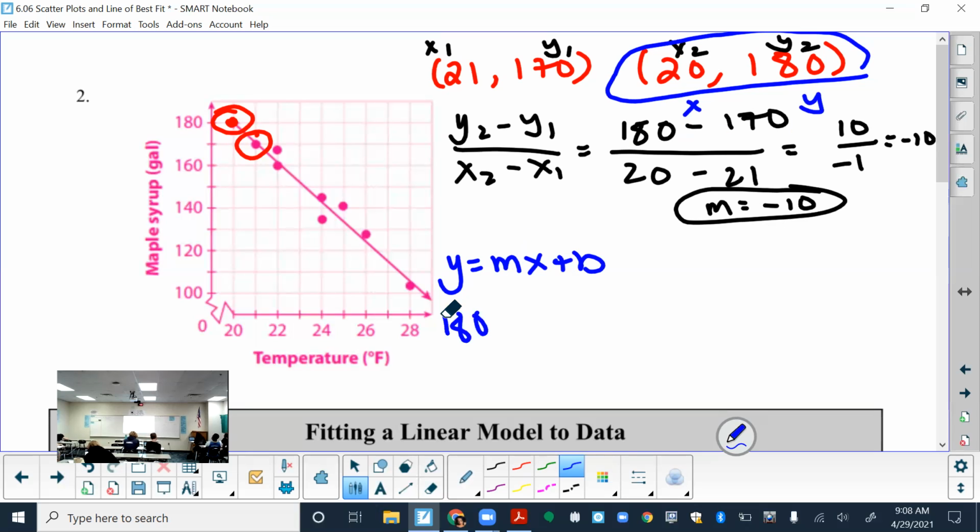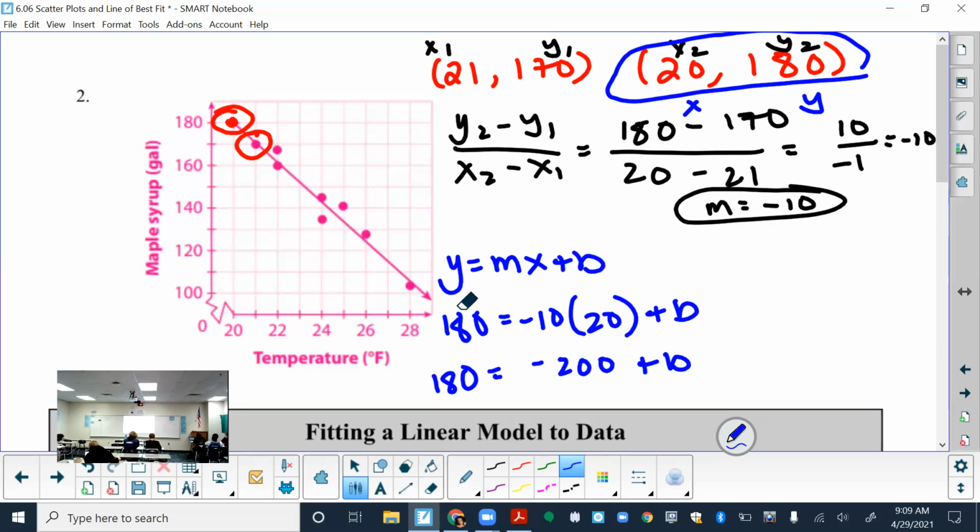But we have 180 equal to M, which we said is -10, times X, which we said is 20, plus B, and solve for B. So -10 times 20 is -200, plus B equal to 180.